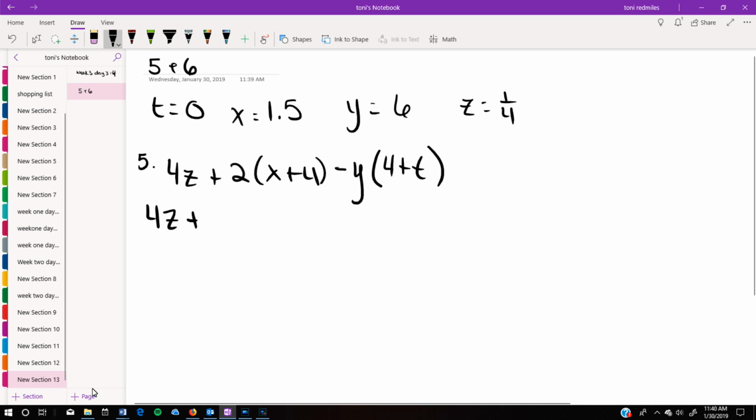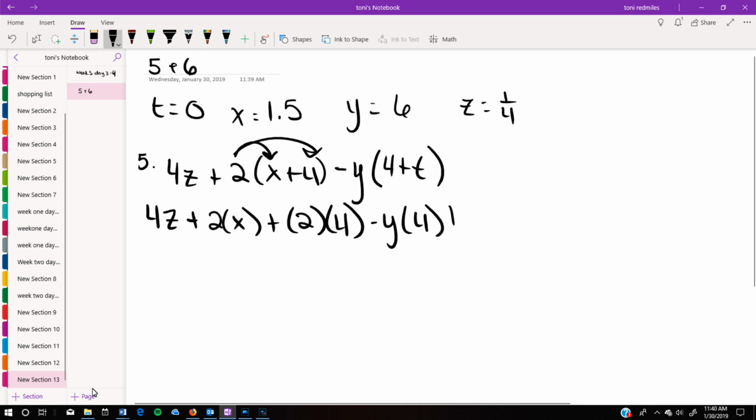So if I was going to simplify the expression first, I'd have to multiply that through, distribute it. So it's going to be 2 times x plus 2 times 4. And the second one's a negative y, so it's going to be negative y times 4 plus negative y times t.